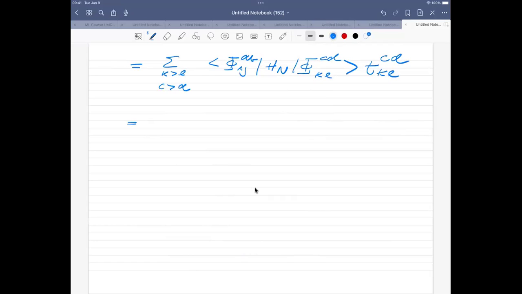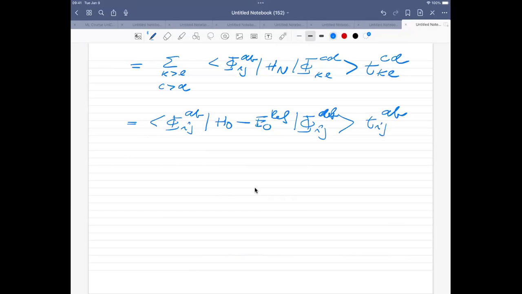Setting things up, I get a term which contains phi_ij^ab of H0 minus the reference energy, which I'm just putting in here, and then the diagonal term of phi_ij^ab. Then I have to multiply this one with a T_ij^ab.